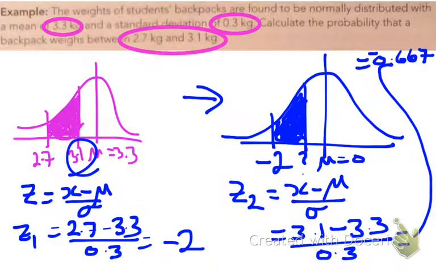So then I can rub out that second question mark, and now I can put in that value of -0.667.